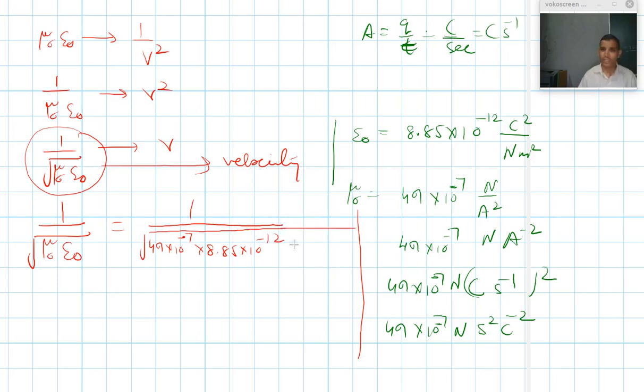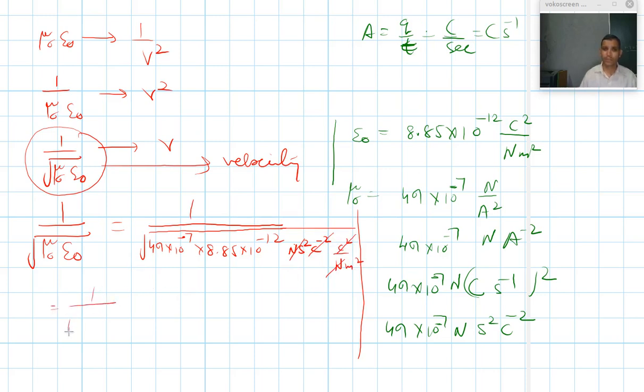So it is Newton second square C minus 2, and its value will be C square upon Newton meter square, right? So this Newton will cancel out, and this C square will cancel out.